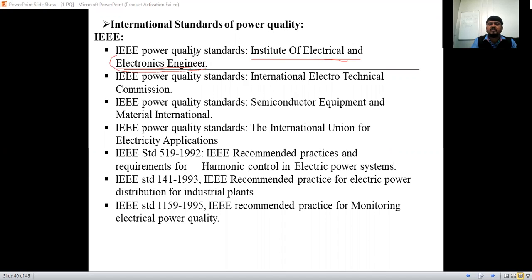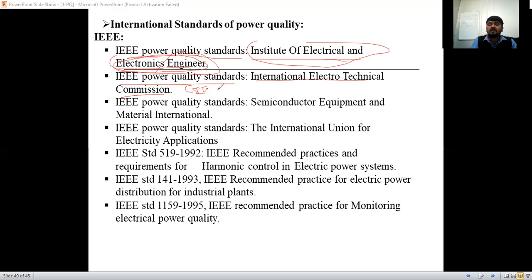We are just mentioning the IEEE power quality standard, that is the Institute of Electrical and Electronics Engineers. It is one standard they have maintained. The second one is the International Electrotechnical Commission, which is IEC only.